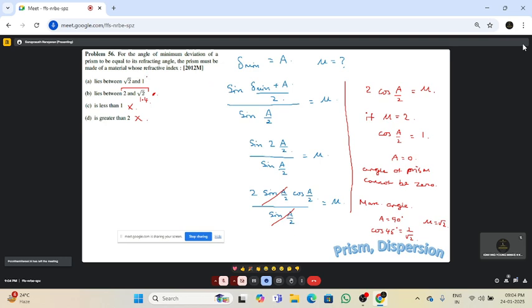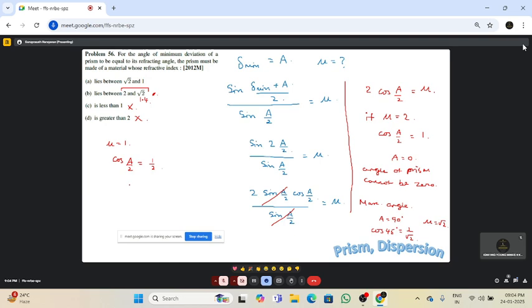Why can't this be a correct answer? If I take mu is equal to 1, cos A by 2 will be equal to 1 by 2, which means cos 60 degree, right?